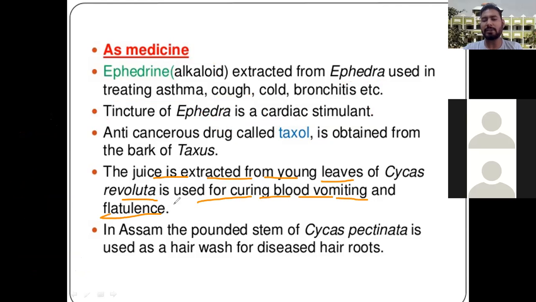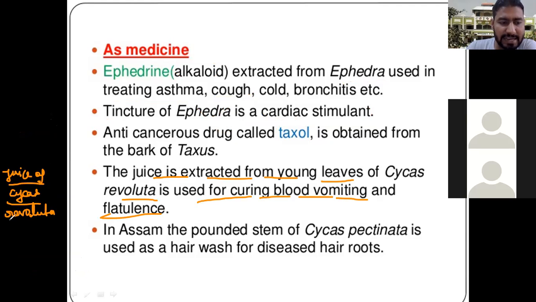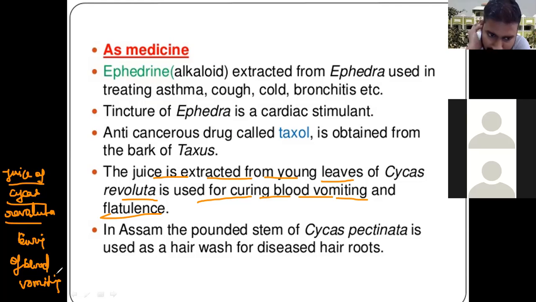If a person is suffering from blood vomiting, we can use the juice of Cycas revoluta for curing it. Clear? Another very important, interesting story.